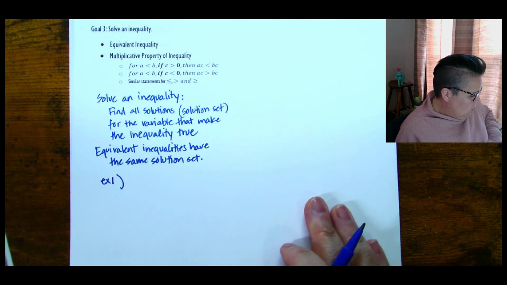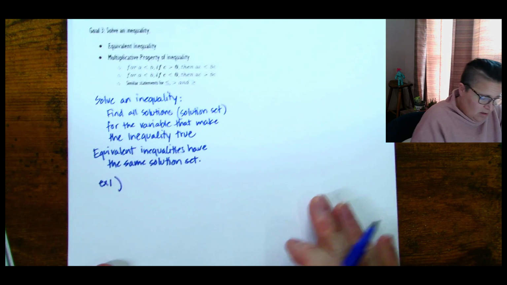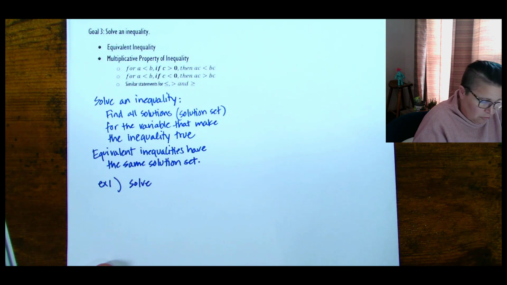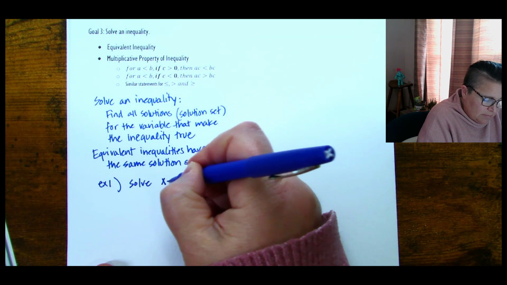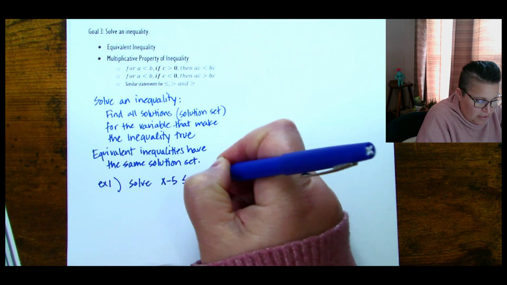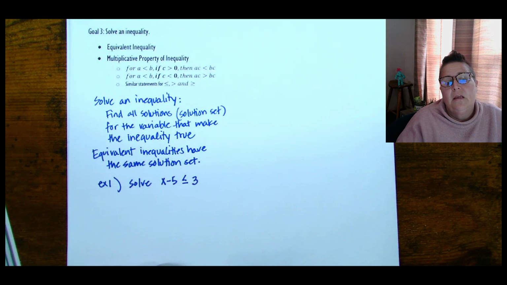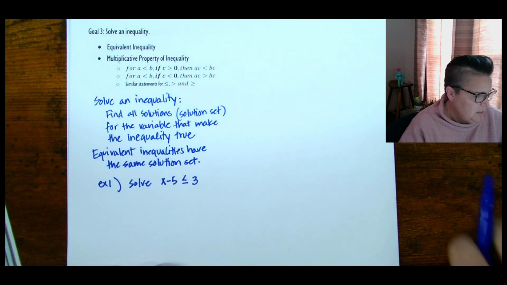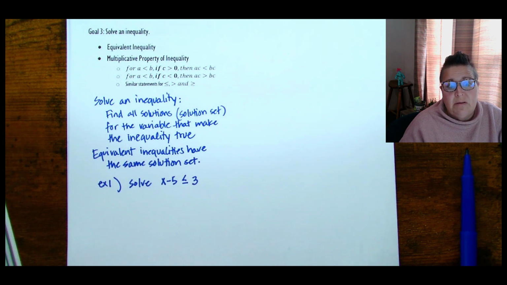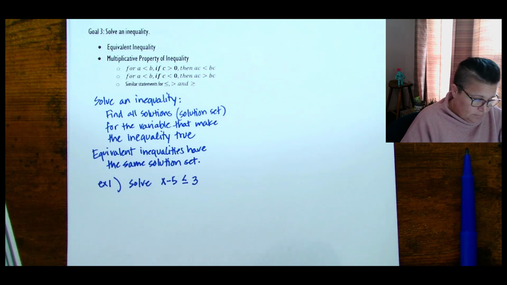We'll try example 1, and I'm going to have us solve here a pretty beginner one, right? So we'll do x minus 5, and we'll say that's less than or equal to 3. Now, I know this looks a little bit intimidating, but really to solve it, you're going to do very much the same thing as you would do with an equation.